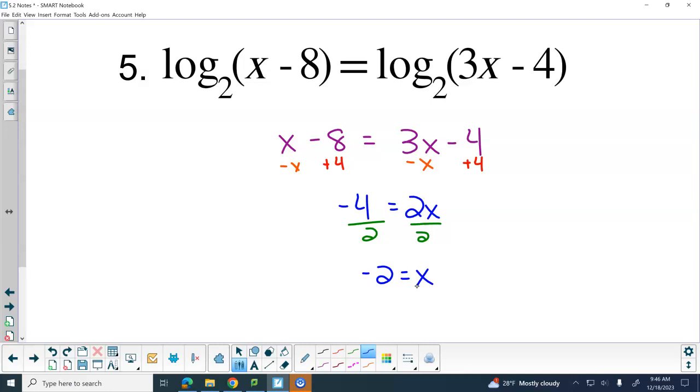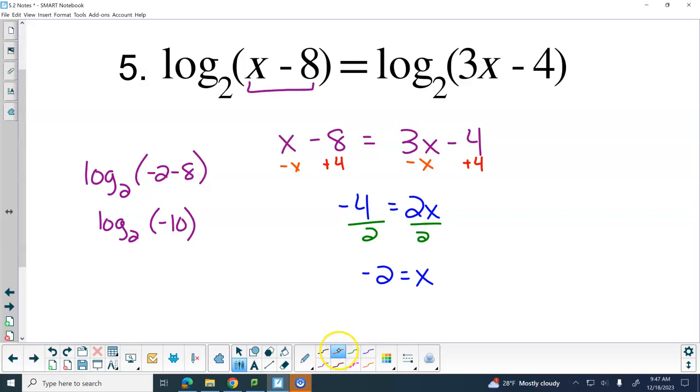Okay, so if I immediately put this one back into here, I get log base 2 of -2 minus 8, which is log base 2 of -10. And that argument has to be positive, so there is the fail, so therefore it is no solution.